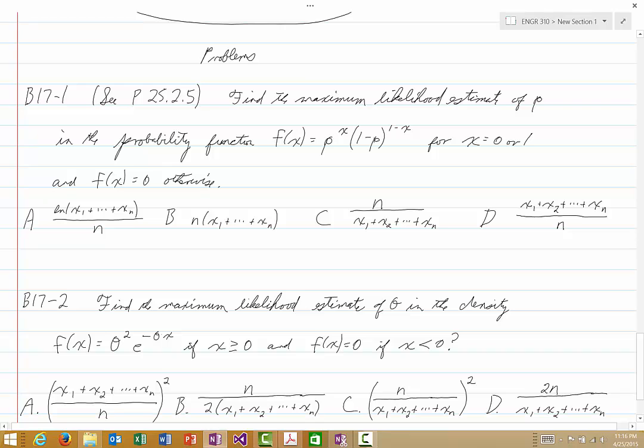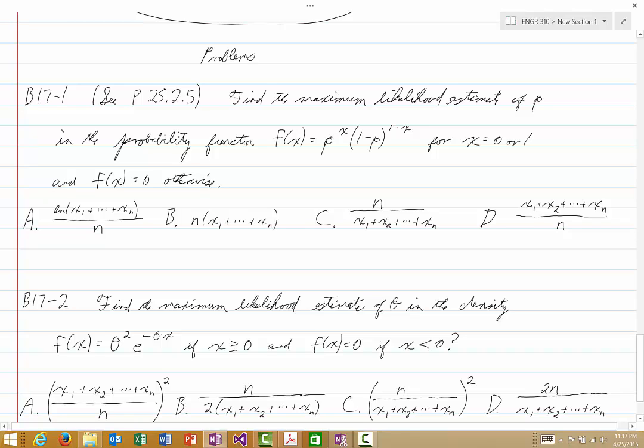And the choices are A, the log of the quantity x1 plus x2 plus dot dot dot plus xn divided by n. B, n times the quantity x1 plus x2 plus dot dot dot plus xn.